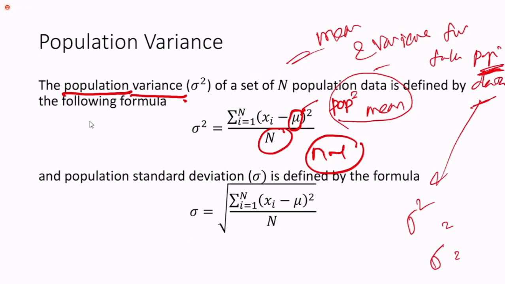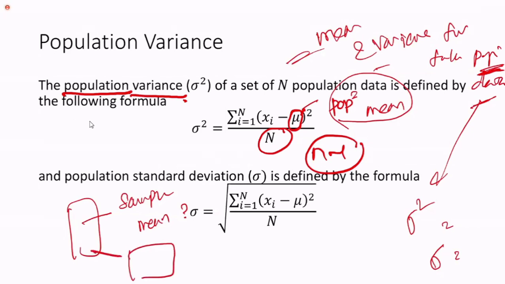Then the answer will be different, right? Sometimes if you consider the same data set as sample data, you will get the same mean value as the population mean. But if you find their variance, the population variance may be different from the sample variance.